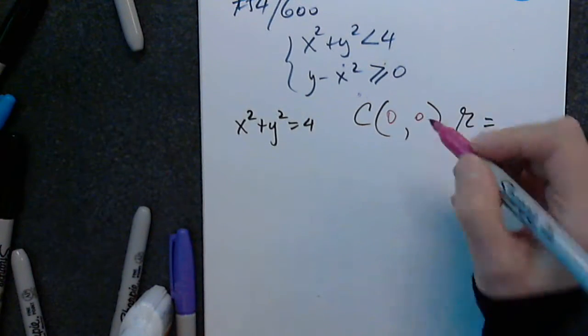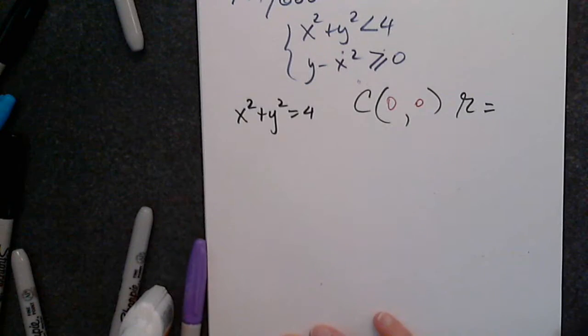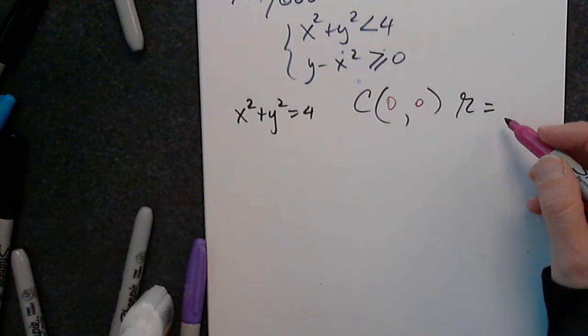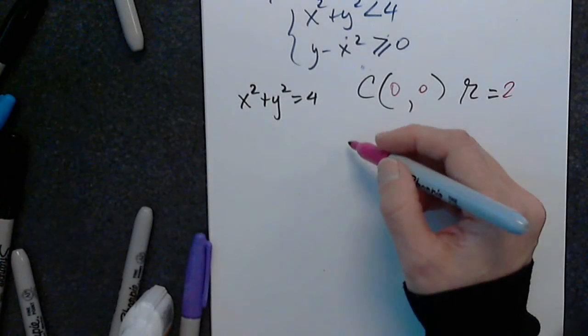It's centered at the origin, and the radius is 2. Very good. So let's graph it.